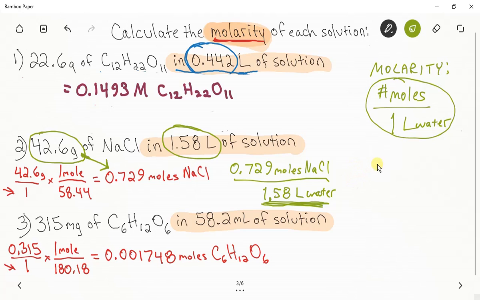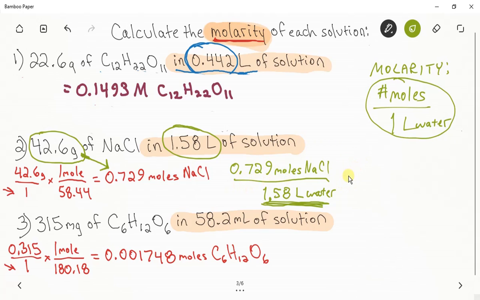This is kind of diluted. So like if this were Kool-Aid, we would only be adding 0.729 of a packet. We'd only be adding 73% of the packet of Kool-Aid in over 1.5 liters of water. So that would make it really watery. That would make it really dilute, and it wouldn't be strong at all, and the taste would be diluted.